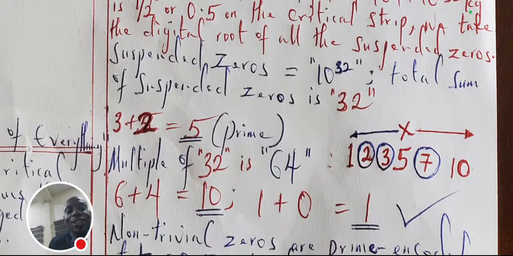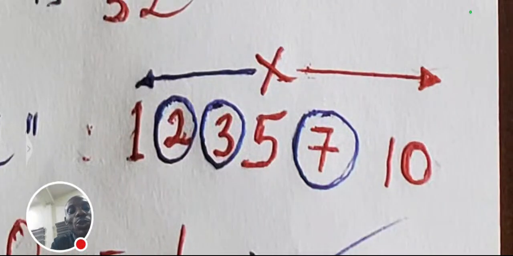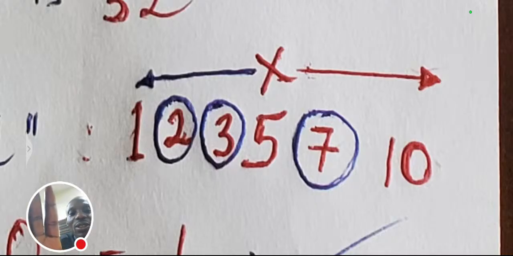Now what this is telling us is that, I want you to look at this diagram. If we stand on the 5, the 5 is really at the center. If we look to the left, to where the 1 is, we can see that from that 1 to the 5 is half, and then from that 5 to the 10 is also half.